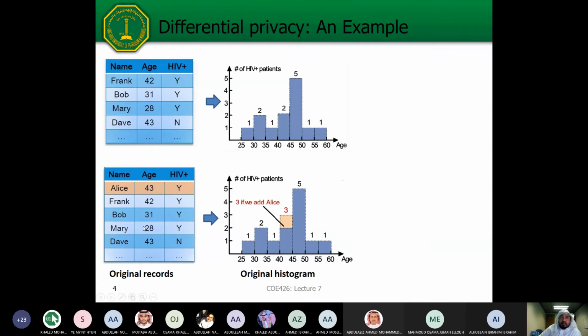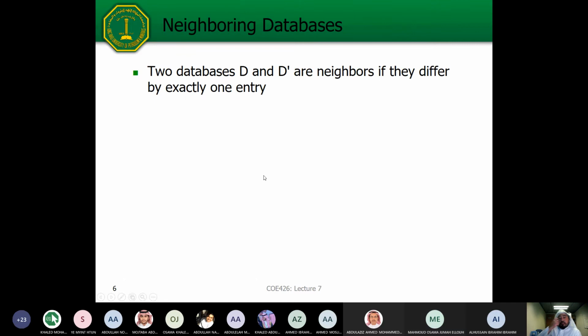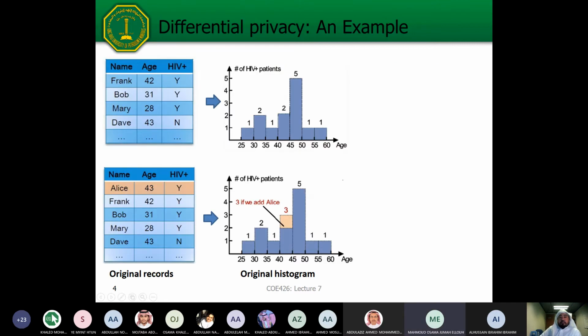See the point? Because of this frequency histogram changing by 1, now I can know that Alice is in that table. And once I know that she is in that table, I know that she is HIV positive. So this is the promise of differential privacy.